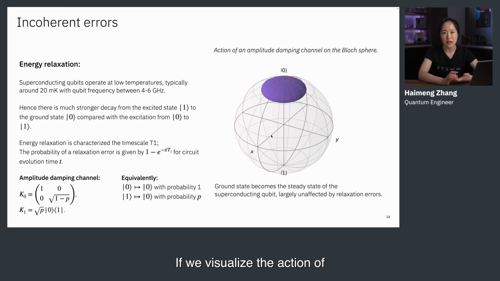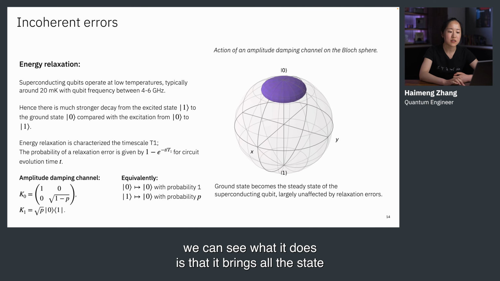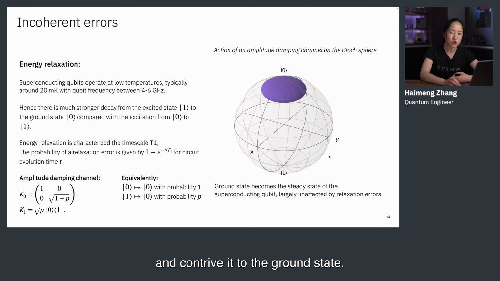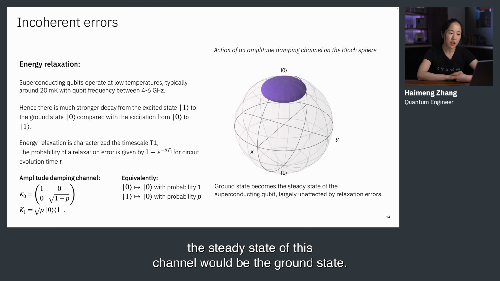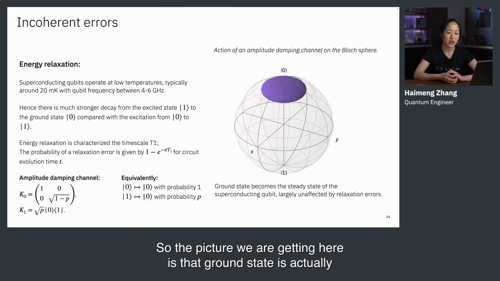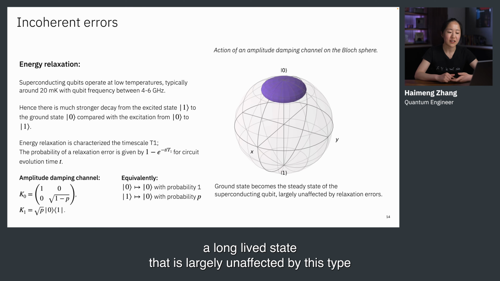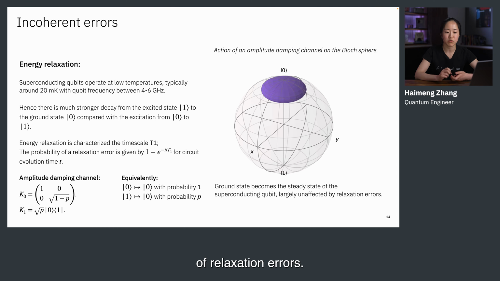If we visualize the action of this amplitude damping channel on the Bloch sphere, we can see that it brings all the states toward the ground state. So at the end, the steady state of this channel would be the ground state. The picture we're getting here is that the ground state is actually a long-lived state that is largely unaffected by this type of relaxation error. Other states would suffer from this T1 limit.